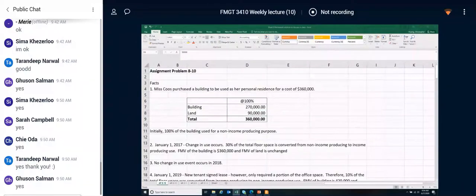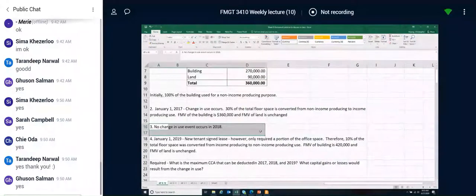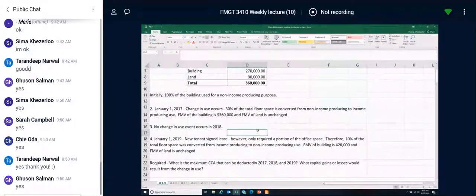Okay. So if we go through the problem, you have a change in use in 17, and in 18 there's no change in use. But remember, they said they want to deduct maximum CCA each year. So even though there was no change in use, you have to remember you need to calculate CCA. And that's going to affect your conclusions in 19.